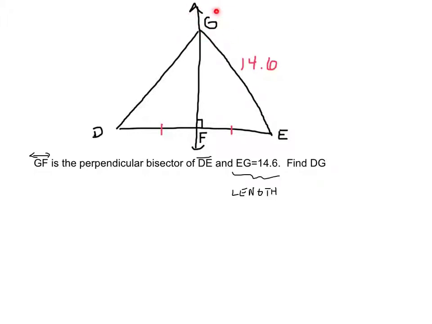Isn't G on the perpendicular bisector? You can label that for your notes as G is on the perpendicular bisector. Because G is on the perpendicular bisector, we can use our theorem 5-1-1, our perpendicular bisector theorem.